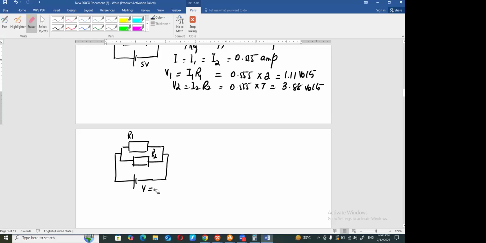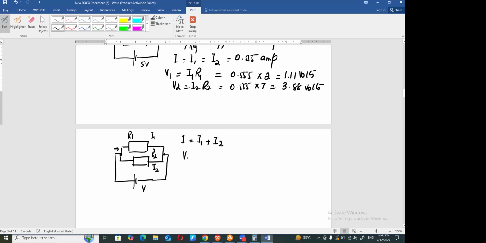of a parallel circuit. Now, as we discussed previously, in a parallel circuit, the current will be divided into I1 and I2. So, I will be equal to I1 plus I2. Secondly, this voltage is the voltage that is across this resistance as well as this resistance.